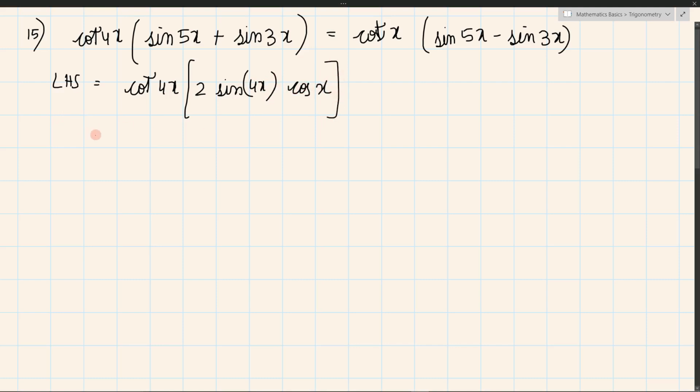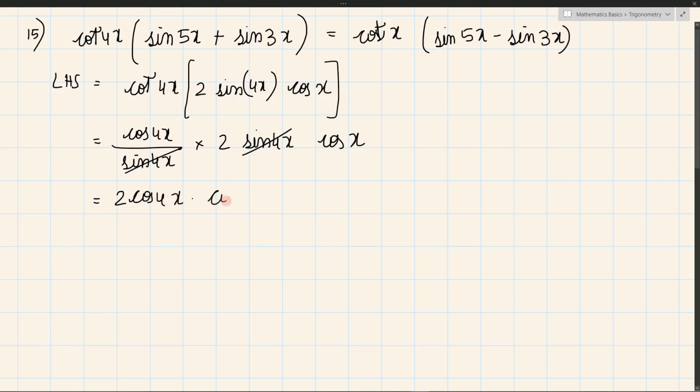Cot can be written as cos 4x by sine 4x, multiplied by 2 sine 4x into cos x. Sine 4x and sine 4x get cancelled, so what is remaining here is 2 cos 4x into cos x.